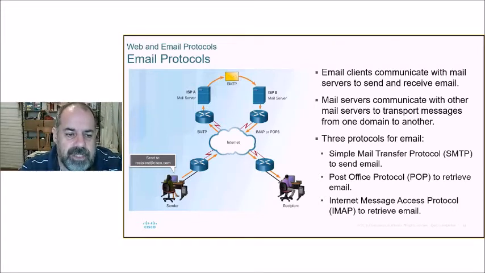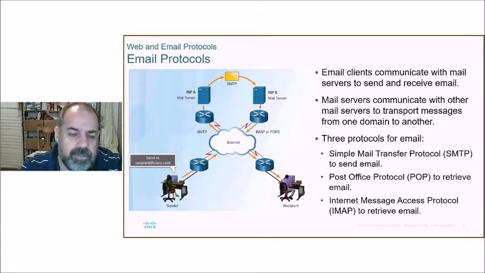Then, of course, if the destination email is from a different domain, so if you're Flinders and you're sending it to someone in Cisco, they will be in two different mail domains, and so your mail server will then talk to the destination mail server and try and find out its details. So you'll do a DNS lookup and look for an MX record, or mail exchanger, and then it will actually send it to the destination mail server, and that is also using SMTP.